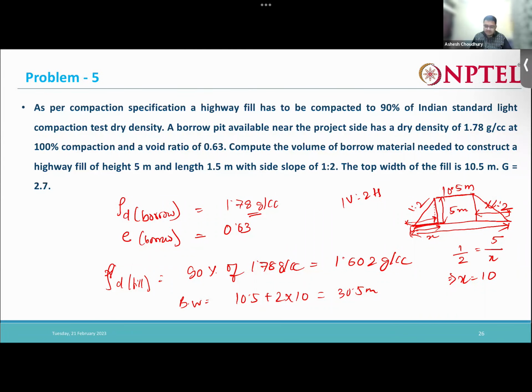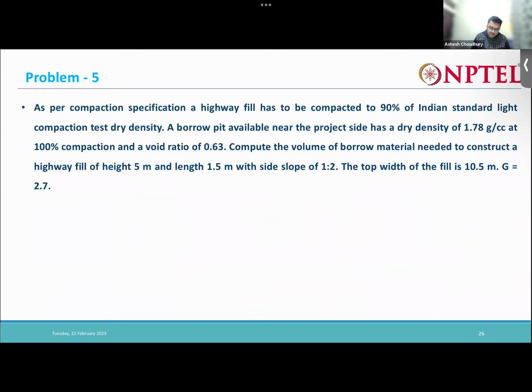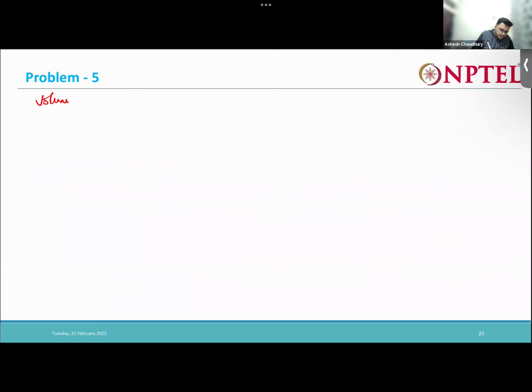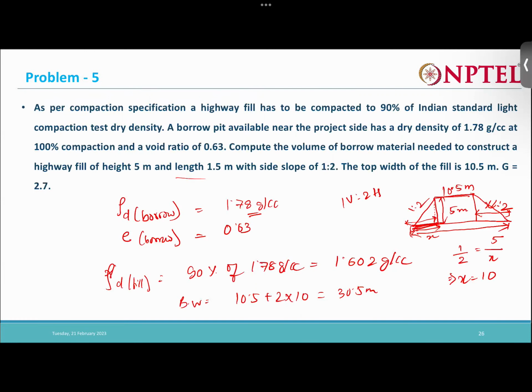How to calculate? The slope is given, and from the slope we find out the base. Okay, 30.5. Now you know the top width and the base width, so you can find out the volume. Length is also given. Volume will be the area of the trapezium, half into the sum of parallel sides into height, and into 1.5 is the volume.